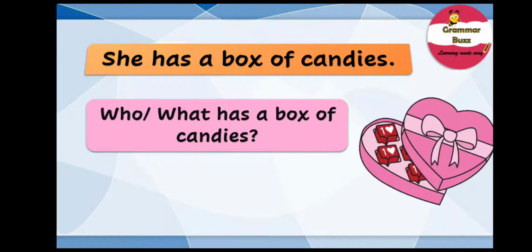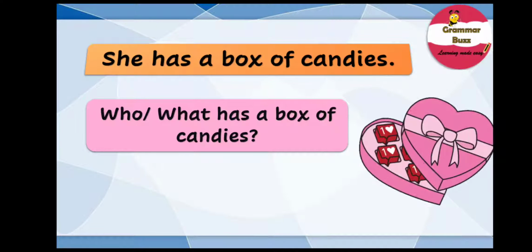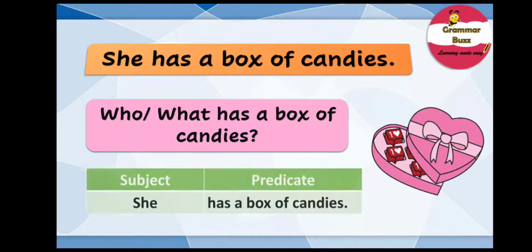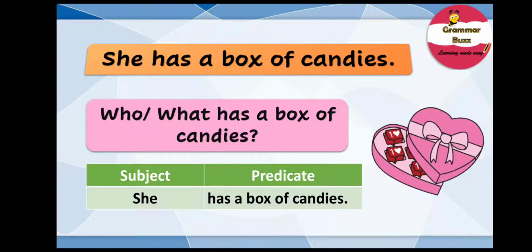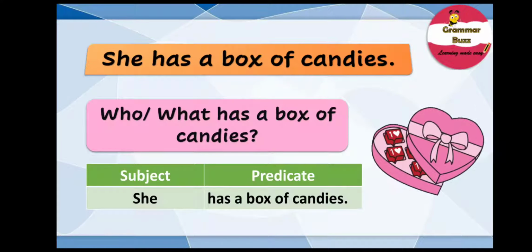She is the subject in this sentence, which is performing the verb has. Therefore, she is the subject and has a box of candies is the predicate. Note, the predicate contains the verb and she is a pronoun. Remember, the subject can be a noun or a pronoun and the predicate always contains the verb.